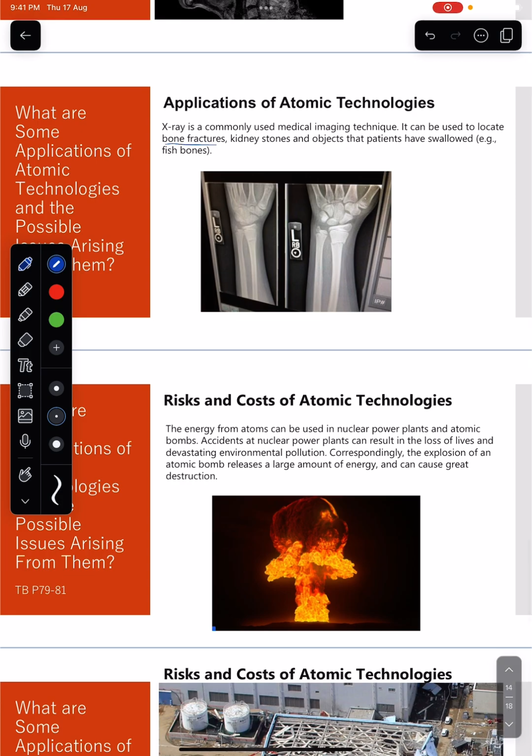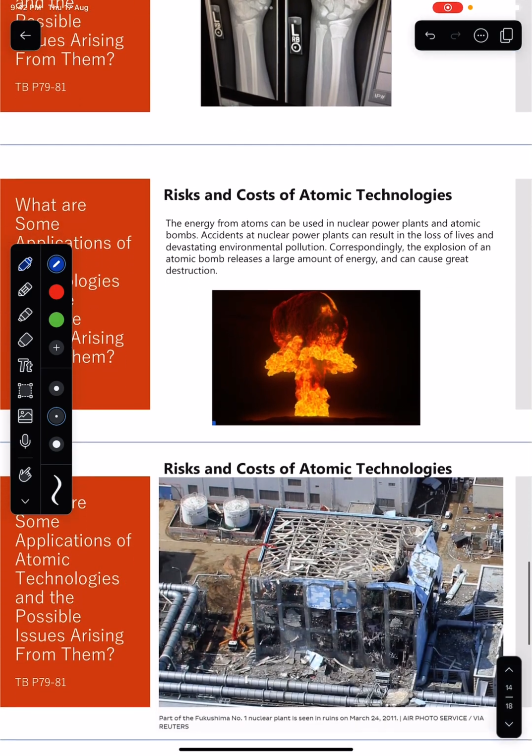I'm sure you learned in history that there is this thing called an atomic bomb. World War II ended because of the atomic bomb. If I'm not wrong, Fat Man and Little Boy or something. Those are related to atoms and it releases so much energy. And there's a lot of destruction. So those are possible problems.